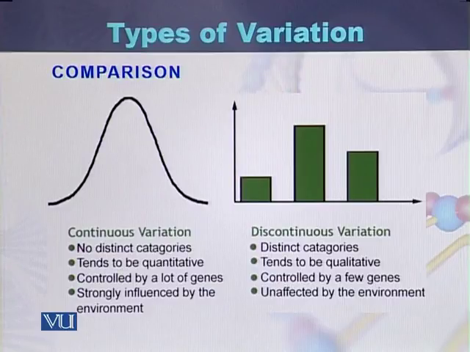Continuous variation is quantitative in nature, while discontinuous variation is qualitative in nature. Continuous variation is controlled by a lot of genes, while discontinuous variation is controlled by a fewer number of genes. Continuous variation is strongly influenced by the environment, while discontinuous variation is not affected by the environment.